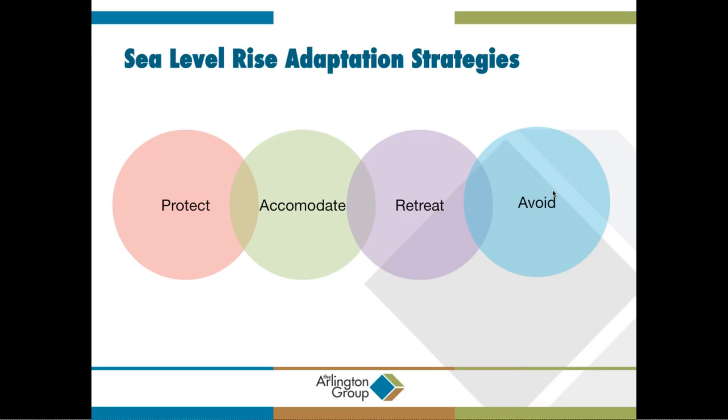Finally, the avoid strategy is really a planning exercise in which we look at areas of land and determine, based on sea level rise projections, is this an appropriate area to be developing in the future? It may be more suitable for environmental protection purposes. So essentially, that's a fourth approach.